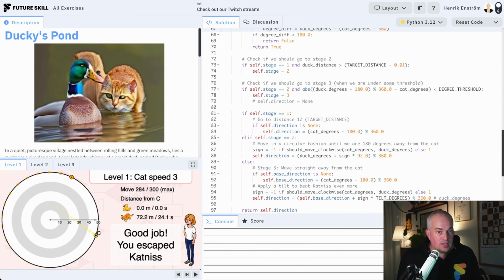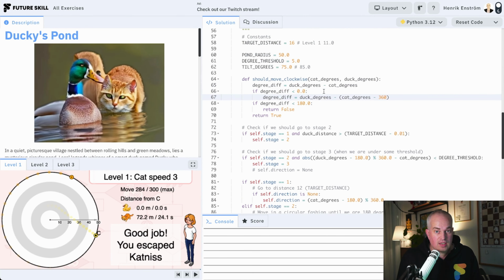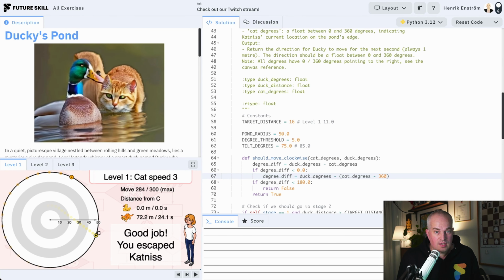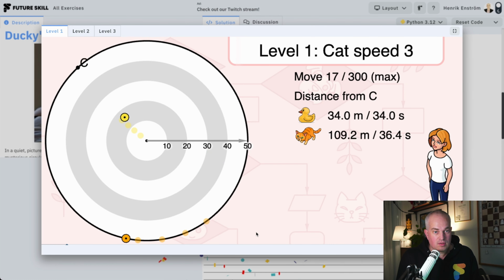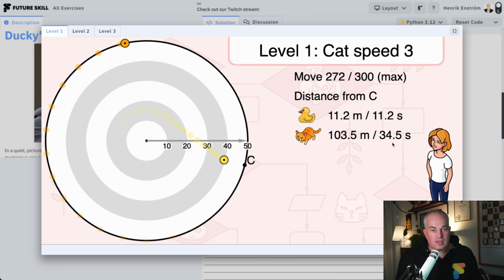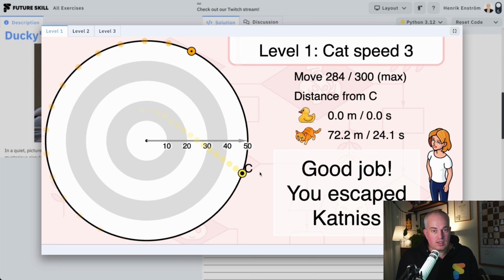So if we go here, we can try that out. In level 1, we can set it to 16 and use this strategy, and if we run, then we get something like this. So now it seems the distance from C is increasing, and then we make a dash for it and we beat Katniss by some 24 seconds.